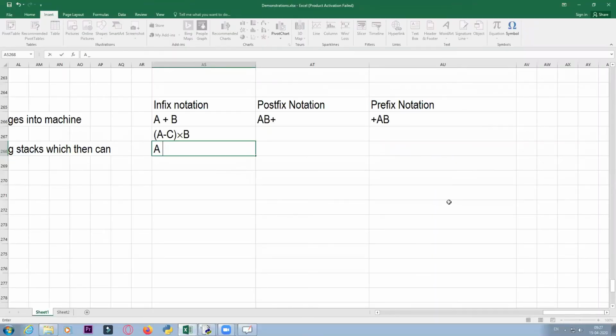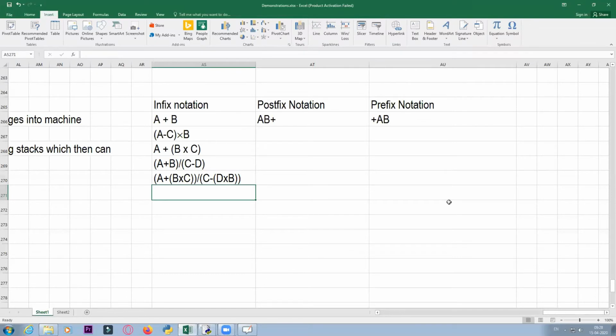A plus B, A plus B into C. The next one. These three questions, please do them.